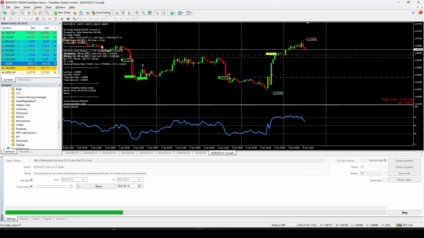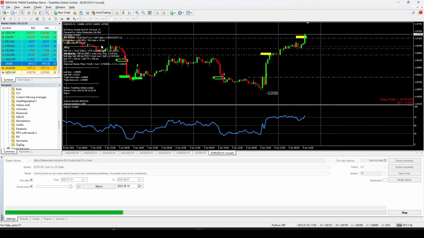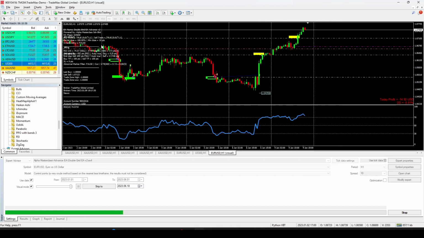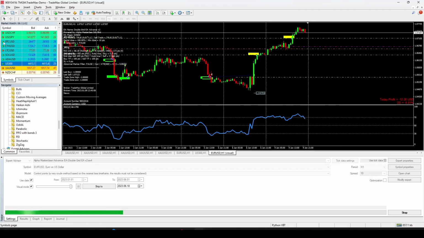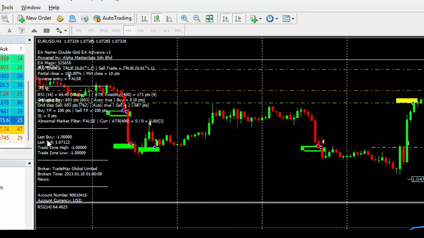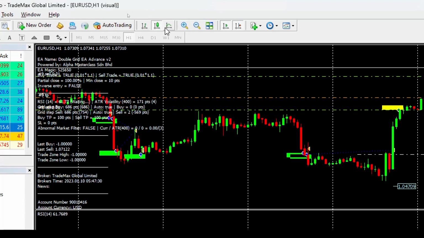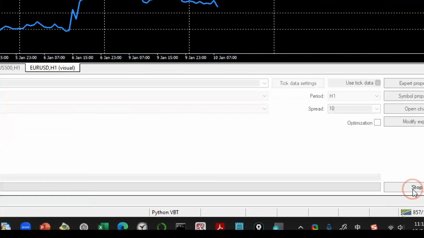Next, about the lot size, a lot of the robot here is handling risk management. For example, when you enter the trades, what lot size should you enter? By default, what you can see from here is, okay, let me pause.